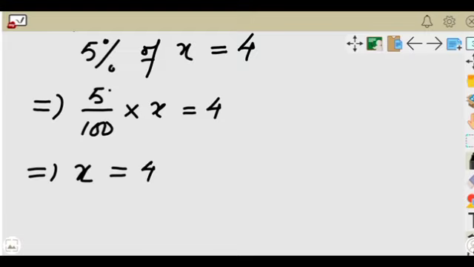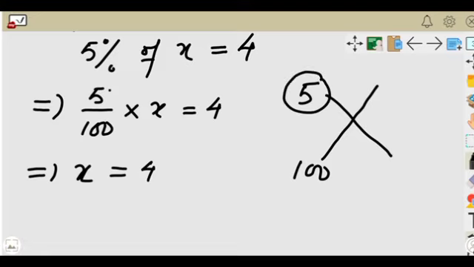Remember your cross multiplication. Here 5 by 100, 5 is in the numerator and 100 is in the denominator. So when they move to the other side, they have to change their position. This numerator will go down to the denominator, and 100, right now it is in the denominator, but when it goes to the right hand side, it will be in the numerator.